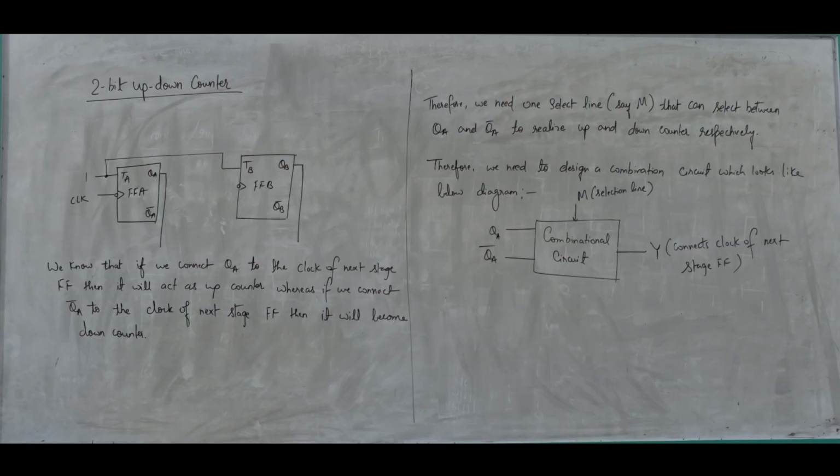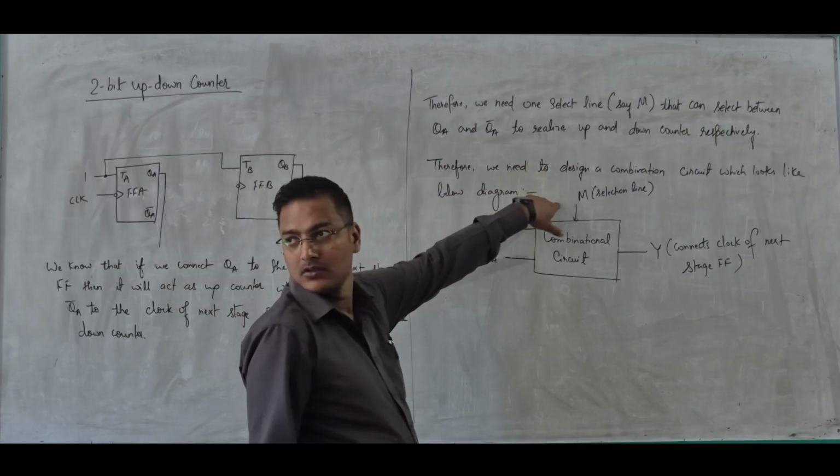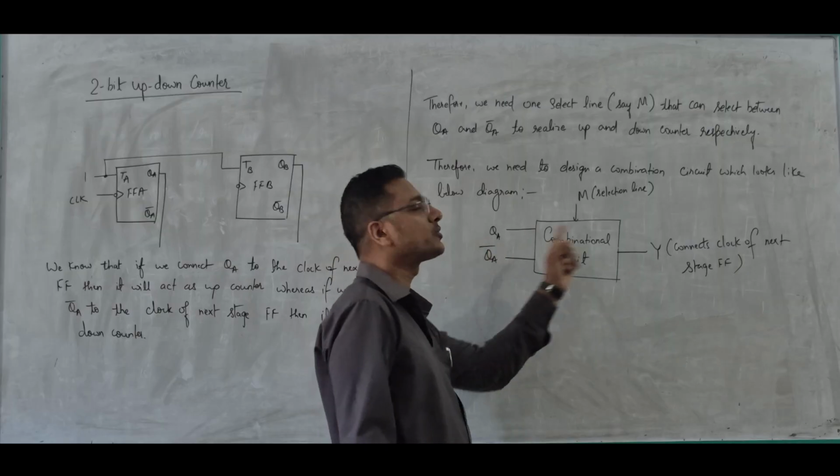So what we want is, when M is 0, QA should be selected.